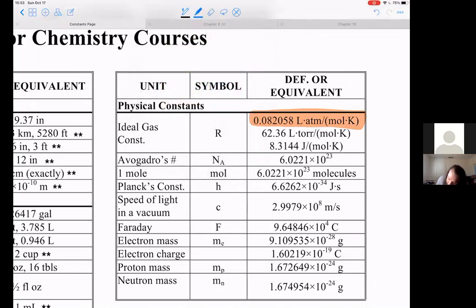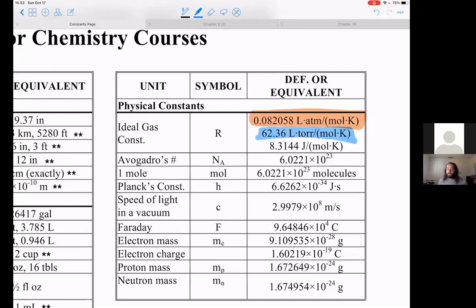There is another one that's given, and the difference here is that the units of pressure are torr, not ATM. If you converted from torr to ATM, or vice versa, you would be able to convert between these 2 numbers. So they look like different numbers, but really the only difference is the units being used.